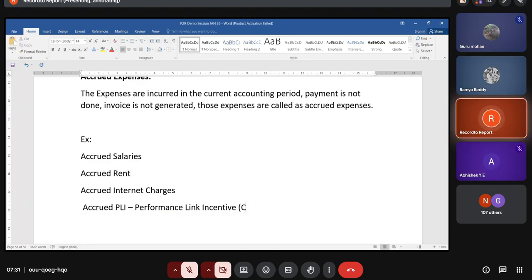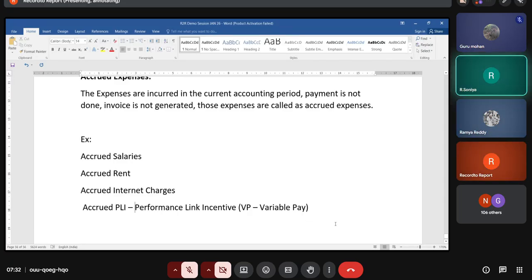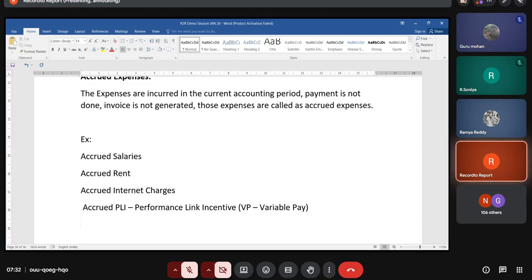In our terminology, it is also called VP, which is nothing but variable pay. Understood? Accrued PLI. Okay? Accrued salaries, accrued rent, accrued internet, PLI.